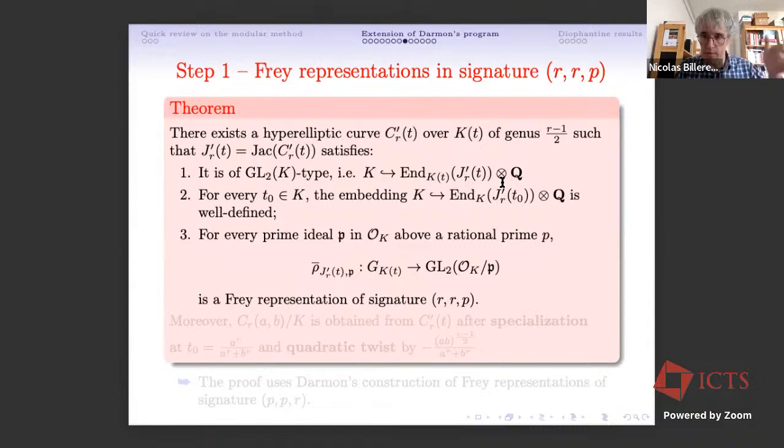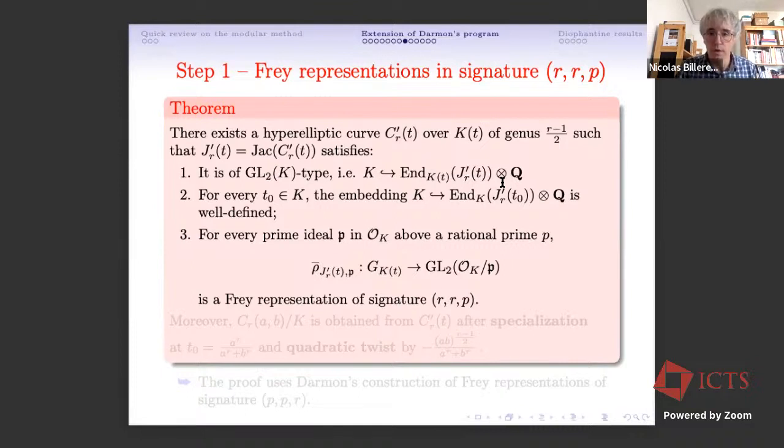Remember that K is the maximal totally real subfield of Q of theta R. It has genus R minus 1 over 2, with the property that if I denote by JR dash of t its Jacobian, then this abelian variety, which has dimension R minus 1 over 2, is of GL2 of K type, by which I mean that there is an embedding of K into the endomorphisms of this abelian variety.